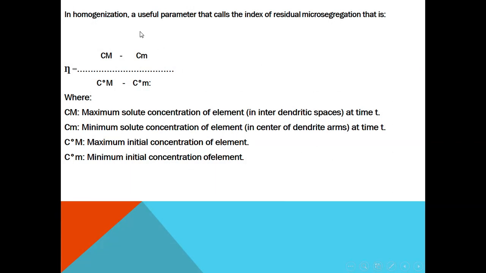where in homogenization a useful parameter called the index of residual microsegregation equals Cm maximum minus Cm minimum: the maximum solute concentration of the element in interdendritic spaces at time t, minus Cm small, the minimum solute concentration of the element in the center of dendrite arms at time t, divided by C star m capital, the maximum initial concentration of the element, minus C star m small, the minimum initial concentration of the element.